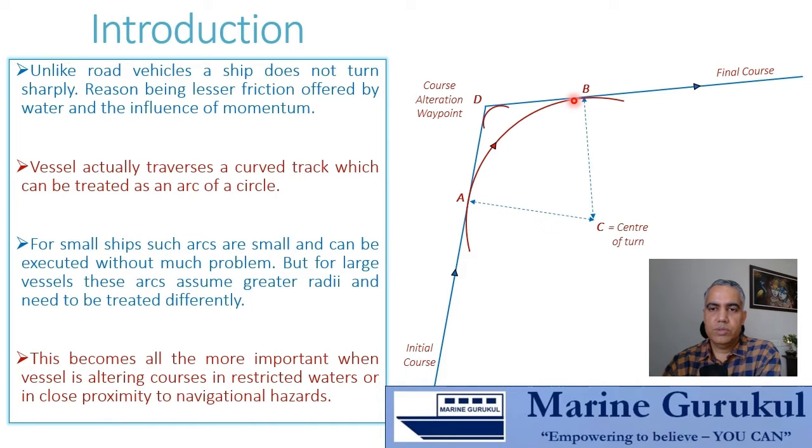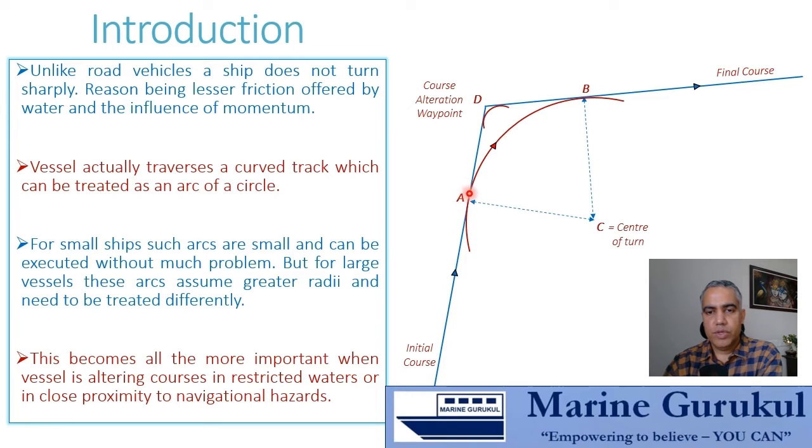So it becomes very, very important for us that whenever we are planning our passage, we mark these curved paths on our chart or they are marked on our ECDIS, and we check the safety of the curved path, because this is the actual path where the ship will be moving. The vessel will not be moving on straight line track from Alpha to Delta and Delta to Bravo.